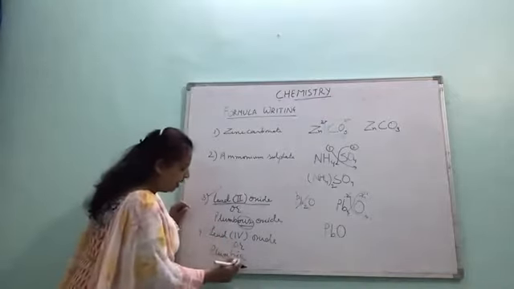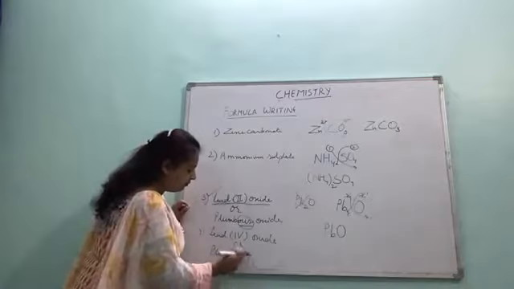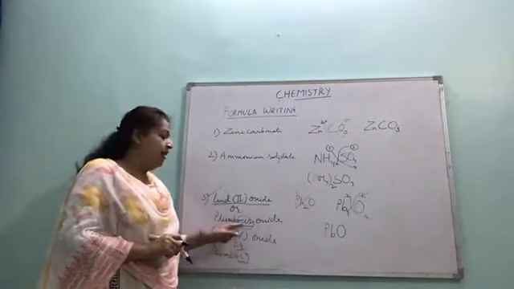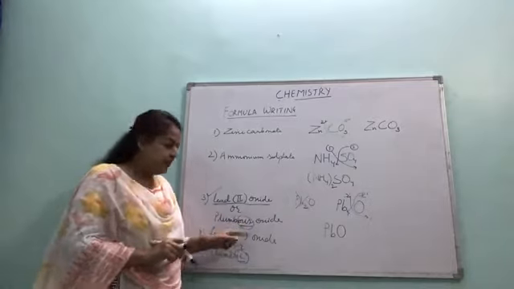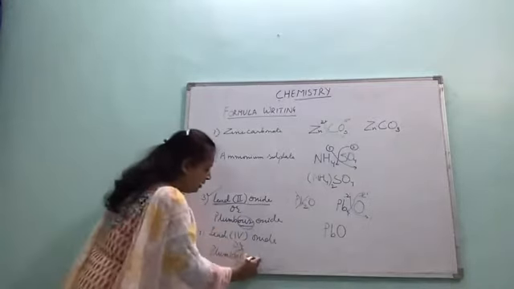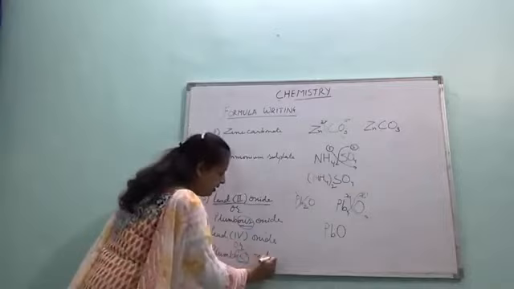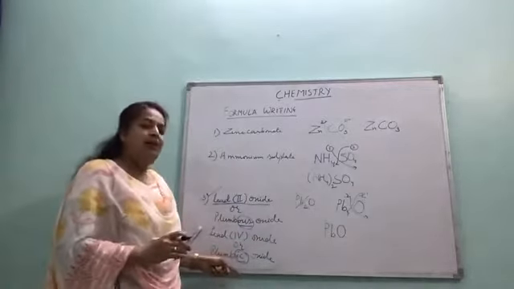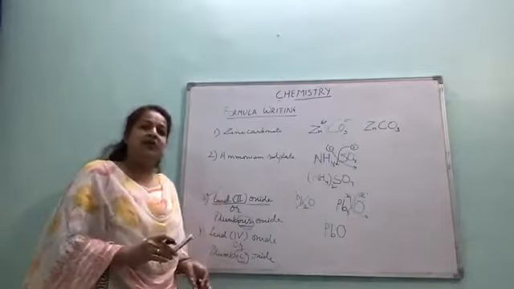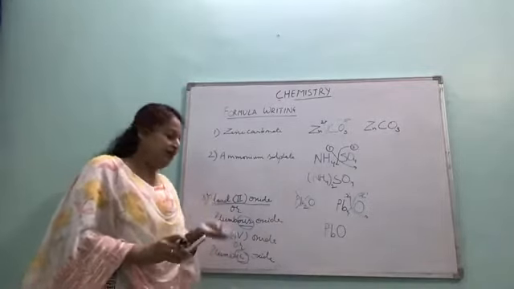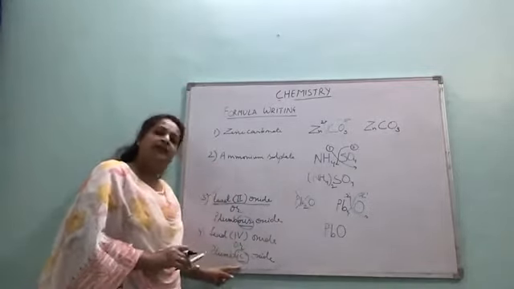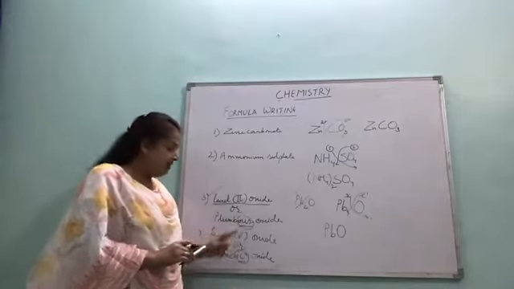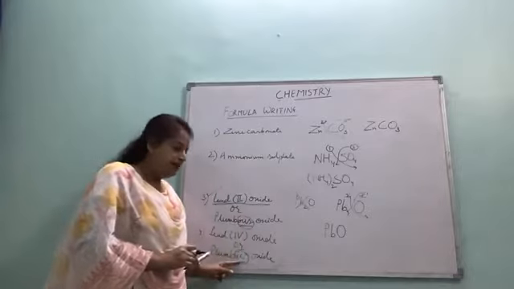IC for higher valency, ous for lower. Plumbic oxide. Now how to remember? A little trick: when you take hiccups, you rise up, right? Hic, hic. So plumbic means higher. Plumbous, ous, means lower variable valency, ic means higher variable valency.